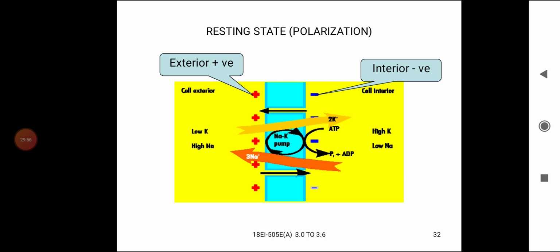ATP and ADP, the potassium ions outside: high potassium, low sodium in resting state.